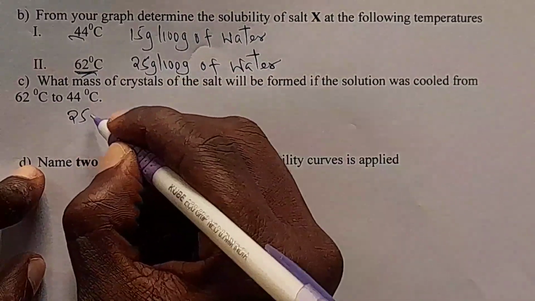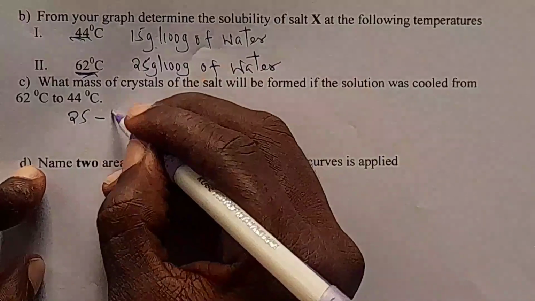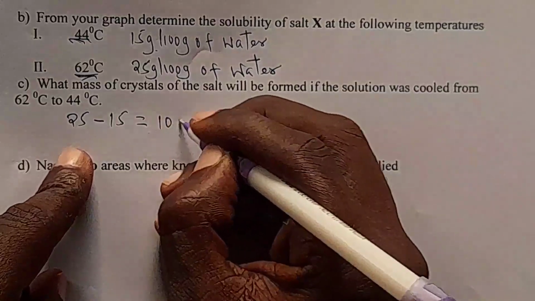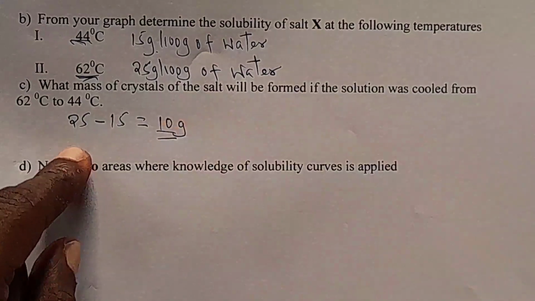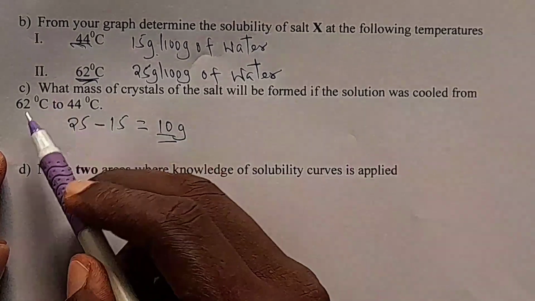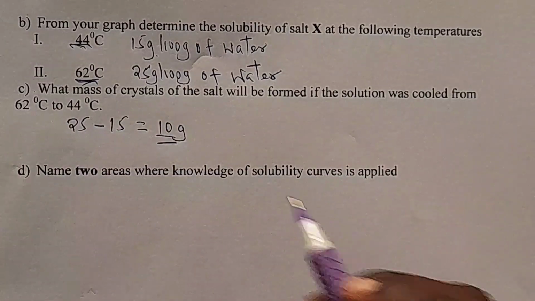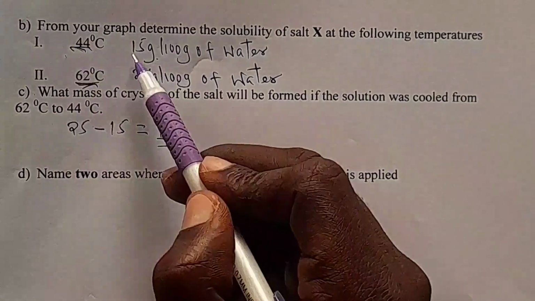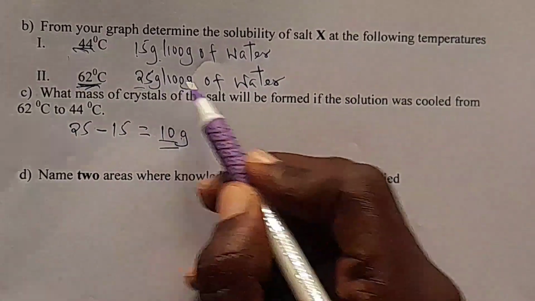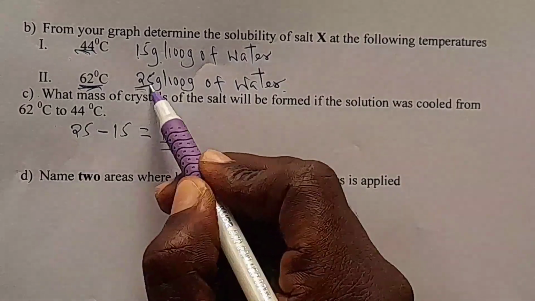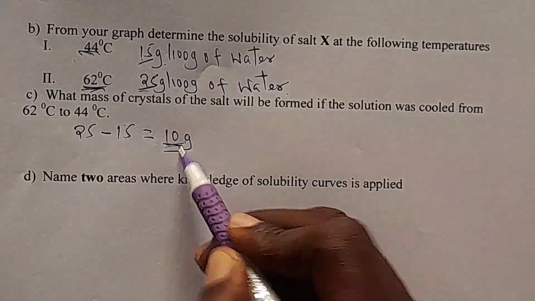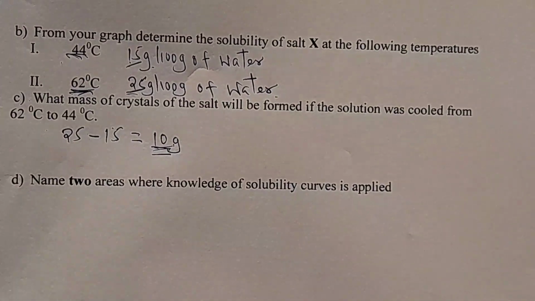At 44, we have 15. So 25 minus 15, we get 10 grams of the salt X that will be deposited.